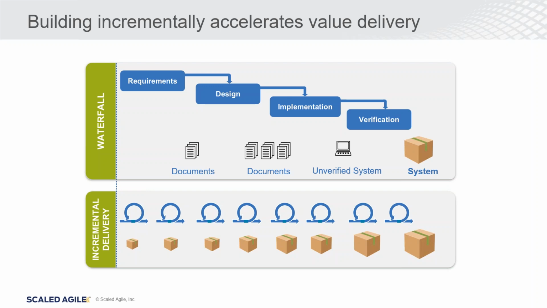Now you can get to that same end result using what we would call incremental delivery. You start off with a small minimum viable product, and you build just enough to get started and provide value.